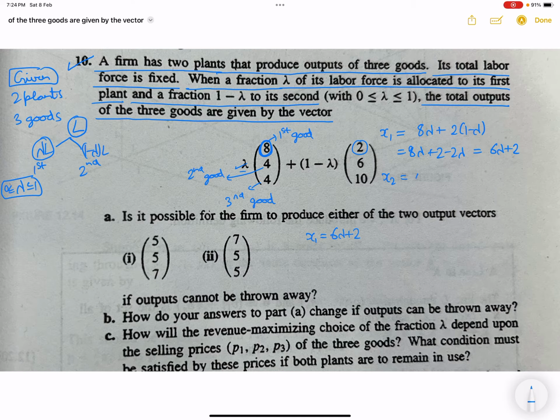x2 would be 4 times lambda plus 6 times 1 minus lambda. This becomes 4 lambda plus 6 minus 6 lambda, which is 6 minus 2 lambda. So we have x2 equals to 6 minus 2 lambda.